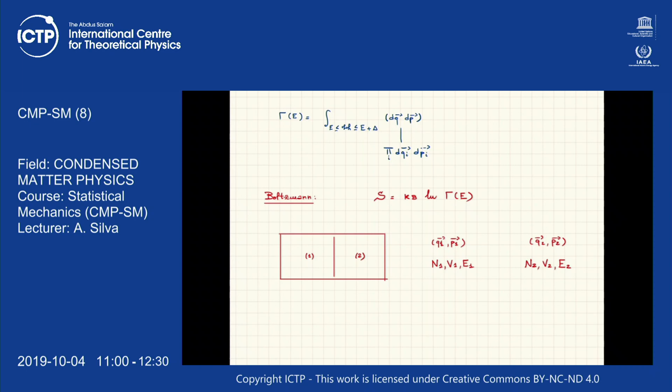And then what we want to do is the following. We are going to write down the Hamiltonian. The total Hamiltonian is going to be H(Q1, P1) plus H(Q2, P2), the sum of the two energy functions in the two parts. Now, strictly speaking, there is something I'm neglecting here, which is the energy of the eventual interaction between 1 and 2.